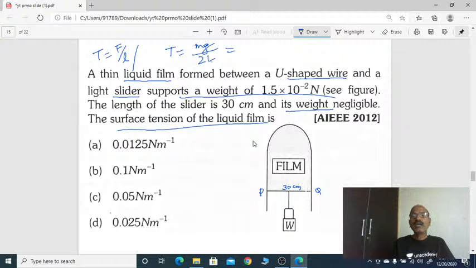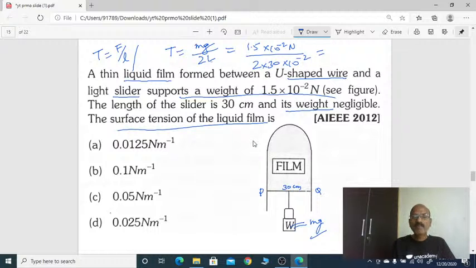Now how much is mg here? mg is nothing but the weight, which is given as 1.5 into 10 power minus 2 Newton, by 2 into L. The length is given as 30 centimeter, converted into meter, 30 into 10 power minus 2.